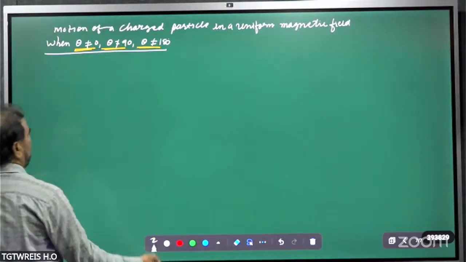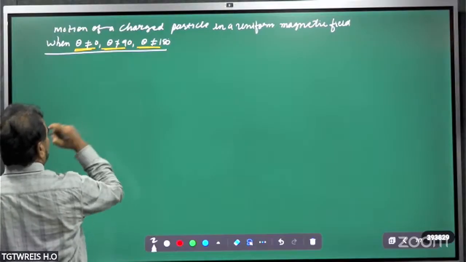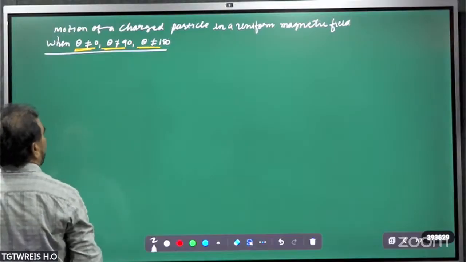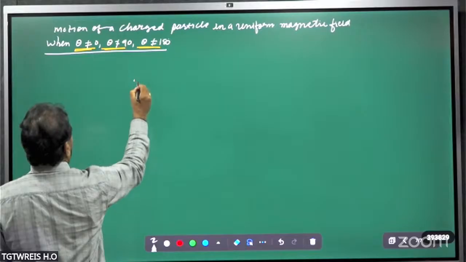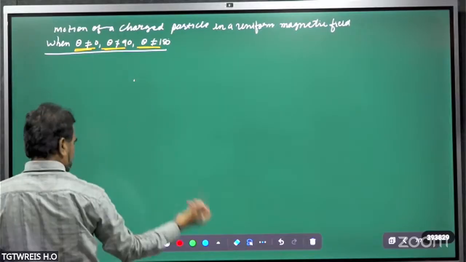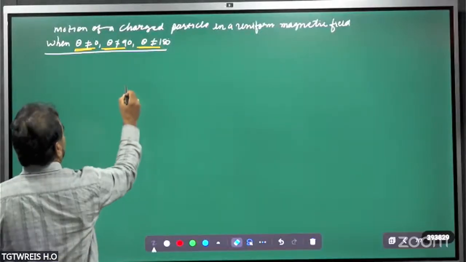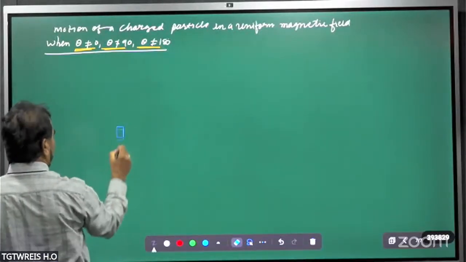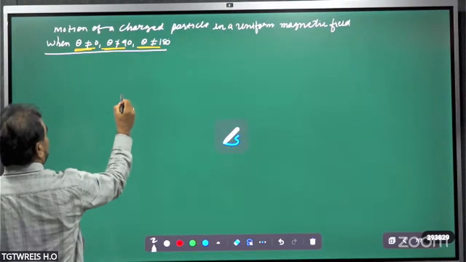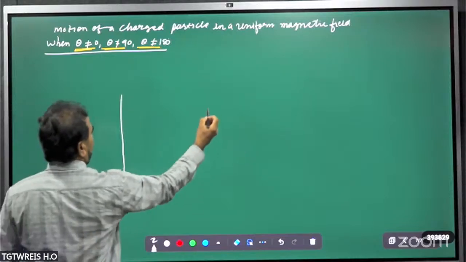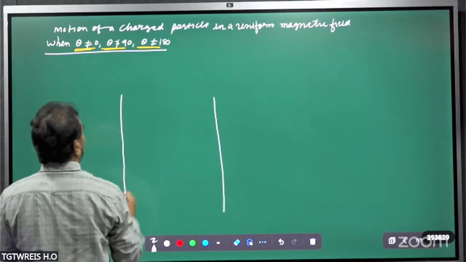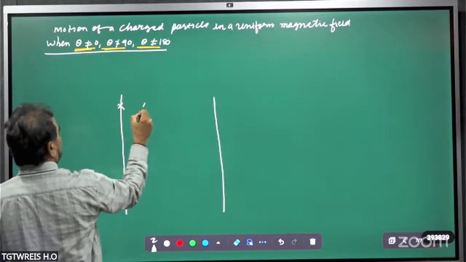Suppose consider a magnetic field, beta. This is a magnetic field having the magnetic field induction B like this.